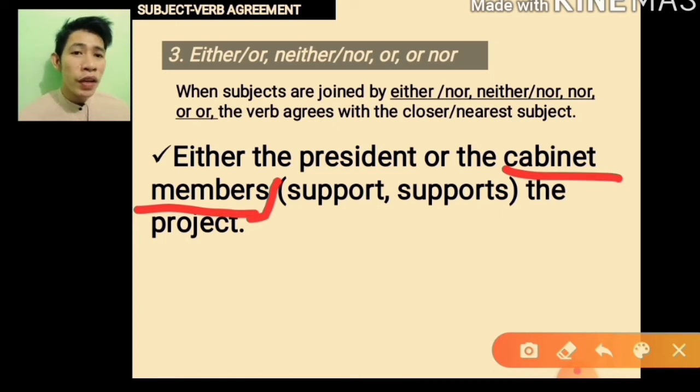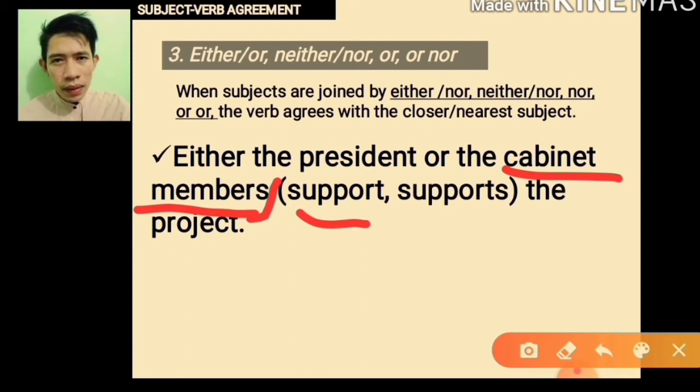Kapag plural verb, walang S. That's why it's support. So, i-ignore na lang natin ang president kasi hindi naman yan yung mag-agree kay verb, si cabinet members. Okay? Ganun ang trabaho ni either or, neither nor, or nor.